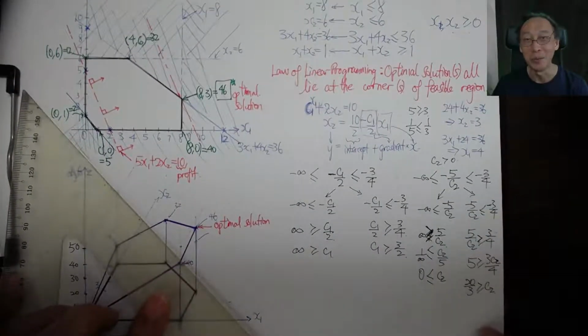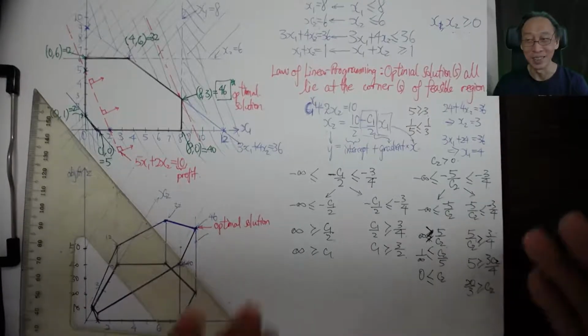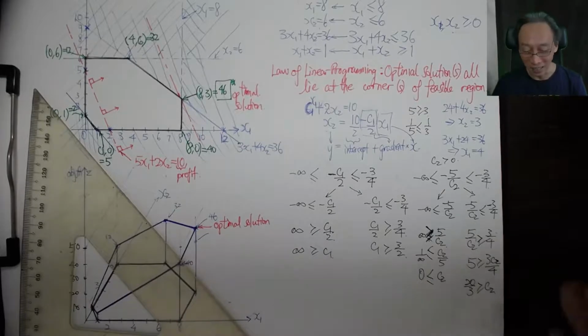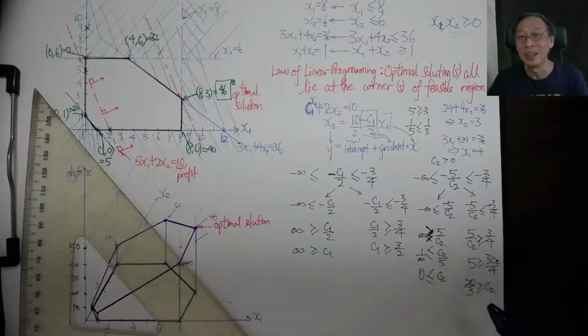But number one, we won't do that even for 2D because it's a slow process. And fortunately, I didn't make any mistake here. But if we do this many times enough, I'm sure I'll make some careless mistakes, which is very unnecessary because we can always use Excel.